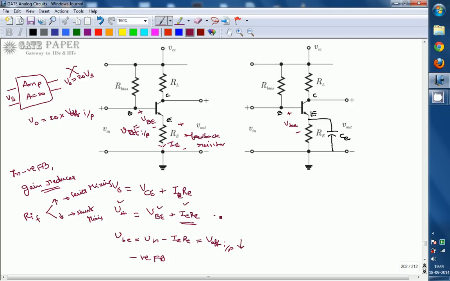So you can write the equation as V input is equal to V effective input plus VF, the feedback voltage. So V effective is V input minus VF. So all parameters across the input are of voltage type, and voltages are subtracted from one another if they are connected in series.